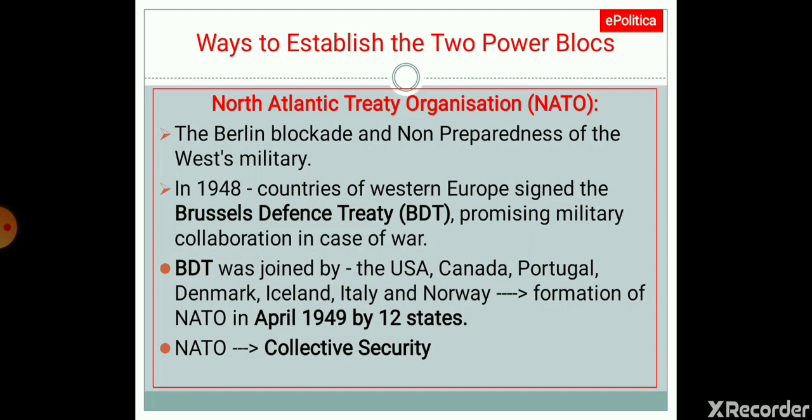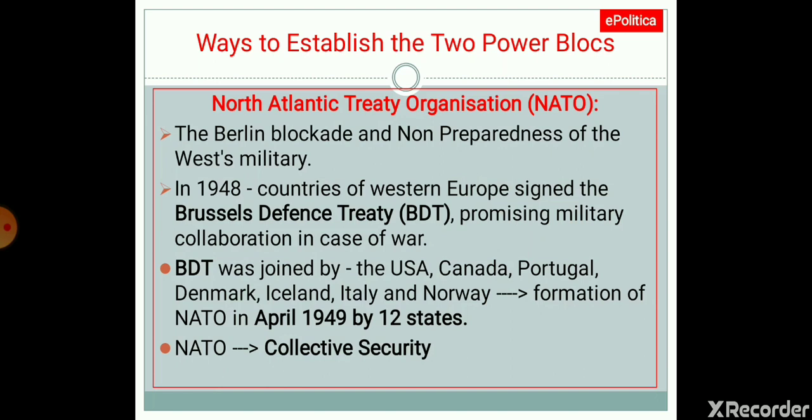Therefore, in the year 1948, the countries of Western Europe signed one important treaty. The name of the treaty was Brussels Defense Treaty, also known as BTD in short. The ambition of this BTD was to make an arrangement for the future so that any kind of war could be fought back together by the Western European countries with some kind of military collaboration.